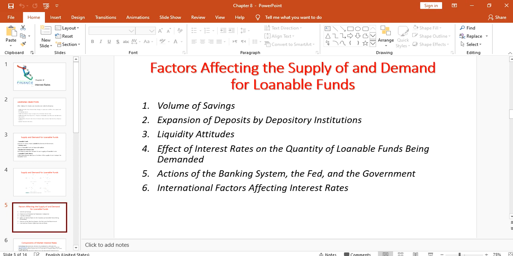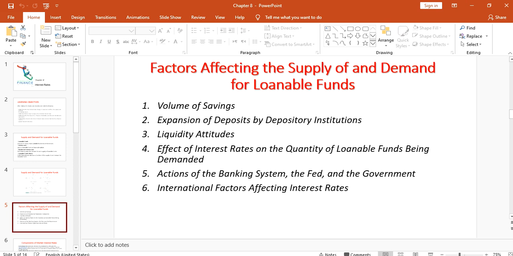Liquidity attitudes. Lenders and even borrowers are thinking about liquidity for a period, like for how long you want to lend your money, for how many years, and whether you can liquidate this debt, this loan, or not.